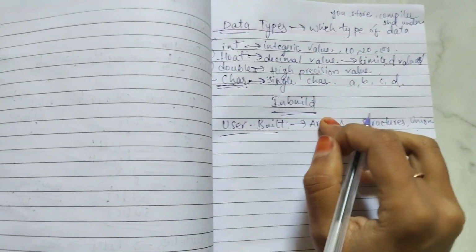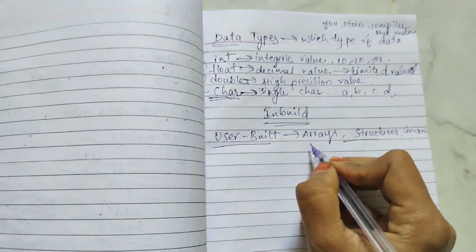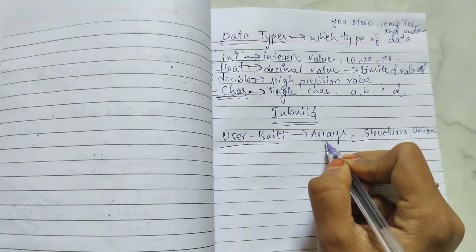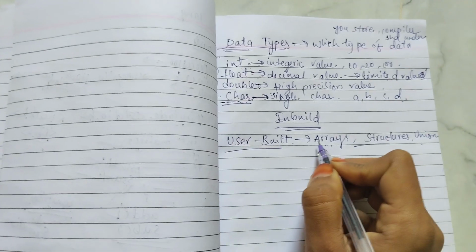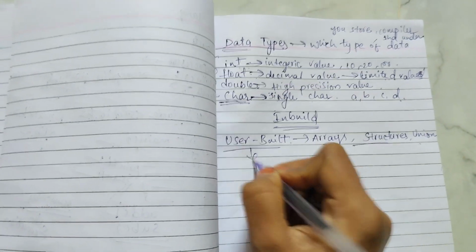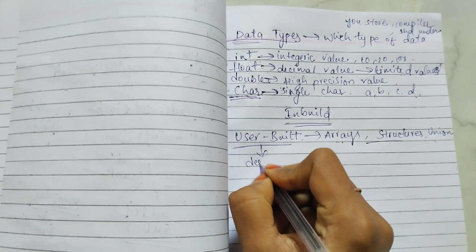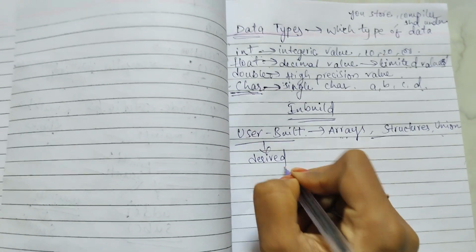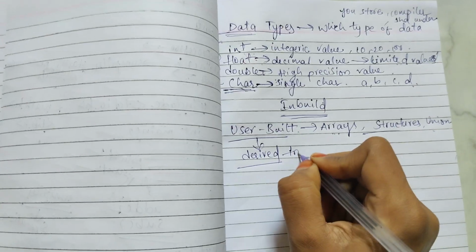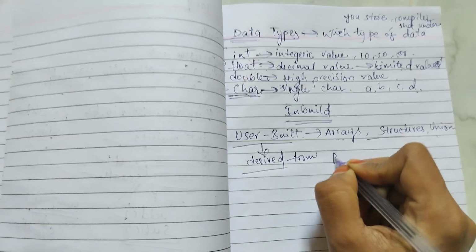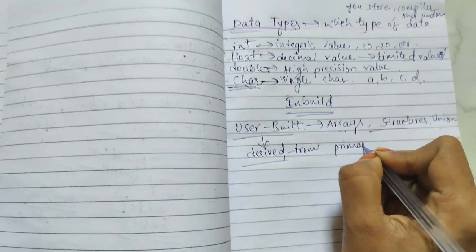These are derived from the primary data types, which means the inbuilt data types.